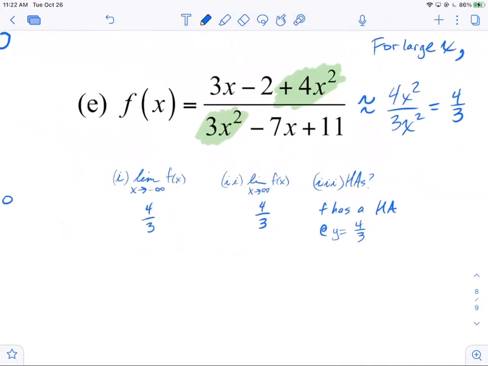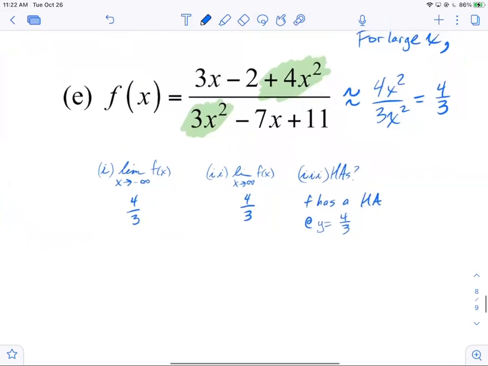Now, it doesn't matter if it were 4x to the 12th over 3x to the 12th, or 4x to the 100th over 3x to the 100th. As long as they're the same, it's going to be leading coefficient over leading coefficient. In fact, let's say that.